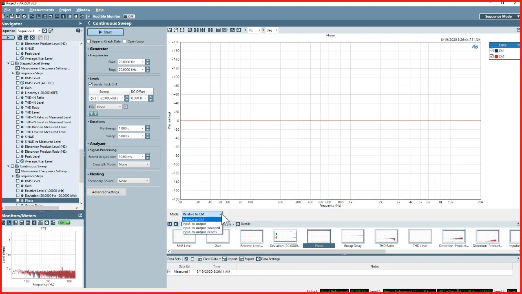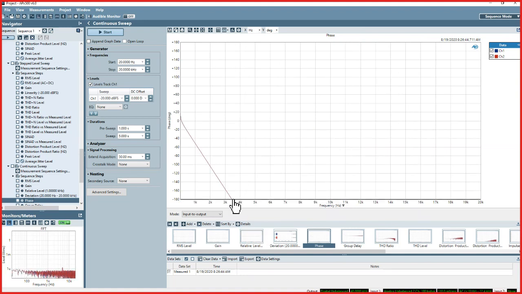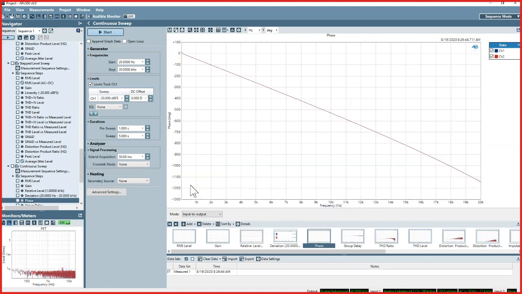Now the other thing we can look at here is the input to output phase. So if you will, this is the phase relative to the generator. And what we can see here is that this is linear phase or just delay.